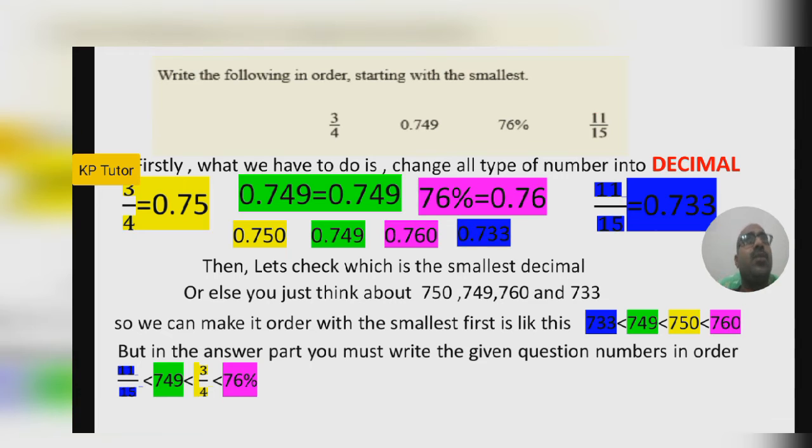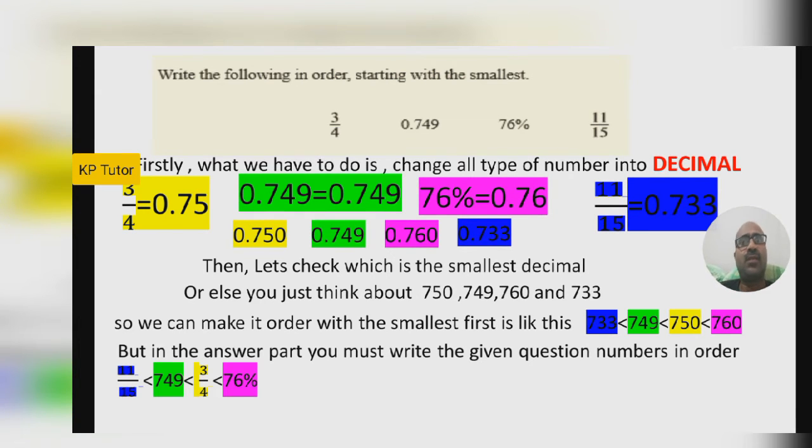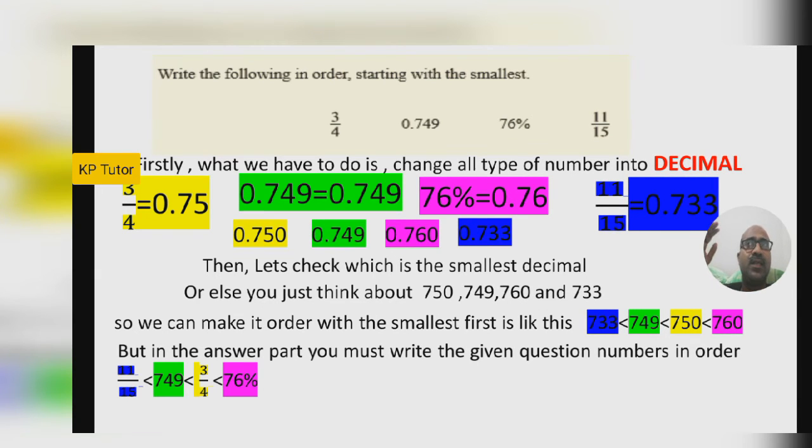These decimals you can just change into digits. For example, 0.750, you can think about 750. 0.749, you can just think about 749. Like that, 0.760, 760, 0.733, 733. Then easily you will get the idea which is the smallest.